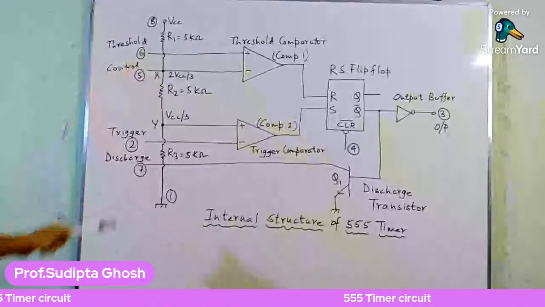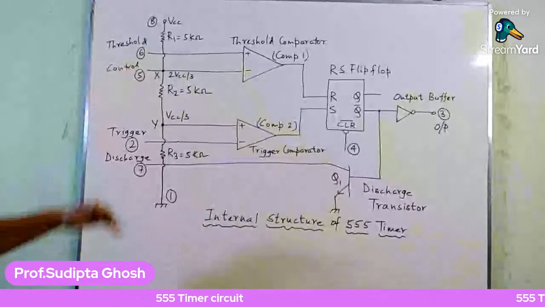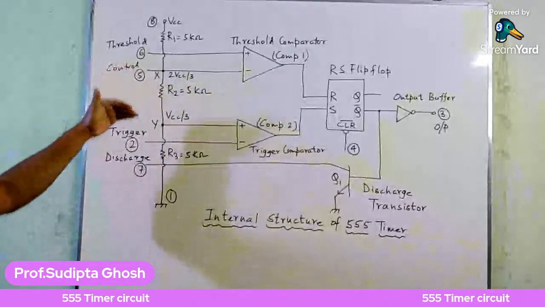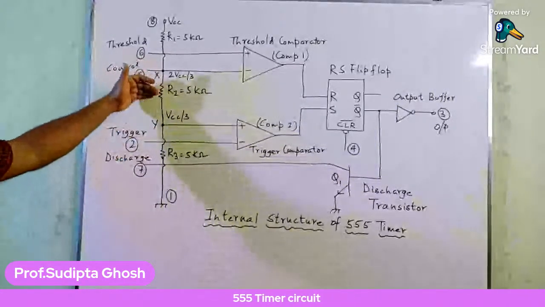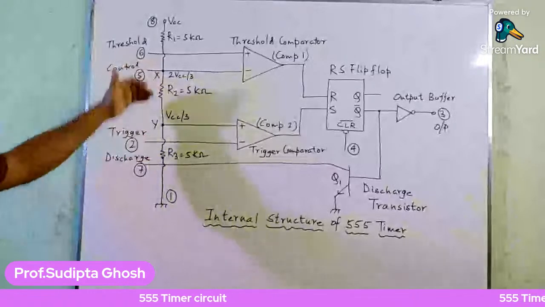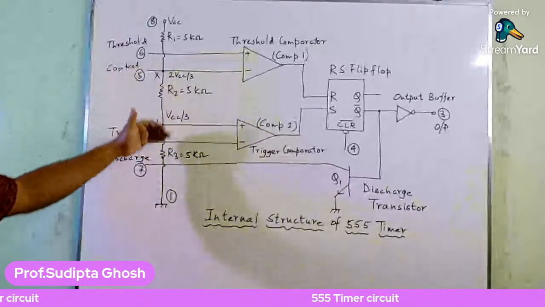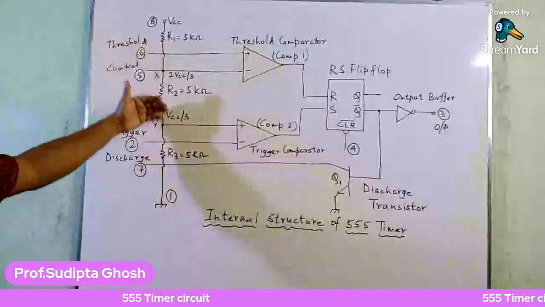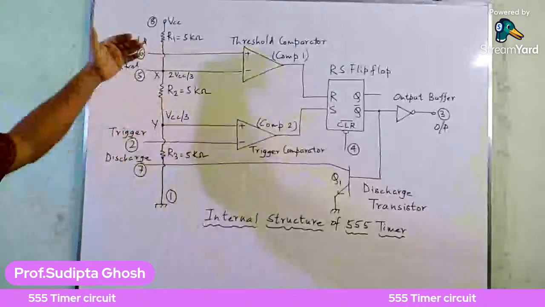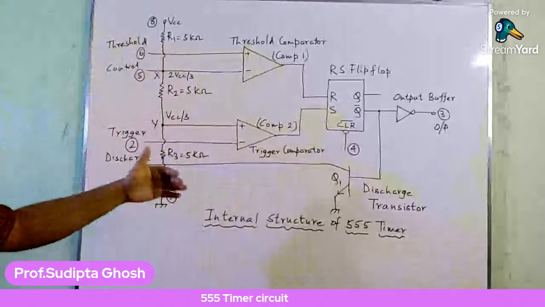So the potential at point X will be equal to the other two resistors, R2 plus R3, that means 5K plus 5K, divided by the entire series resistance, 5 plus 5 plus 5. So 10K divided by 15K into the VCC.